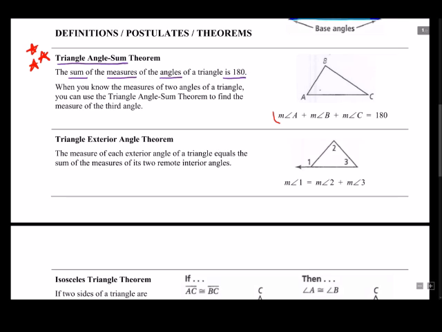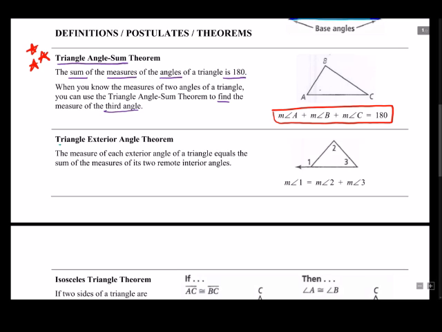So what we get here is the measure of angle A plus the measure of angle B plus the measure of angle C equals 180. If you know the measures of 2 of the angles, you can use the triangle angle sum to find the measure of the third angle. So this is very useful to us.